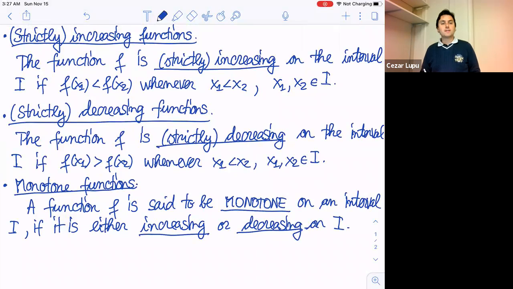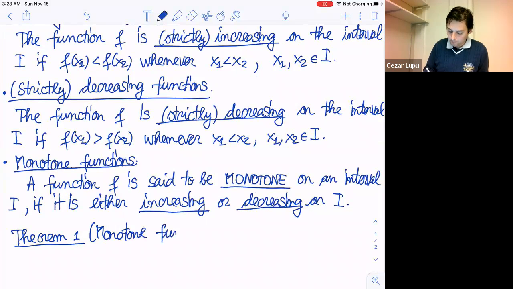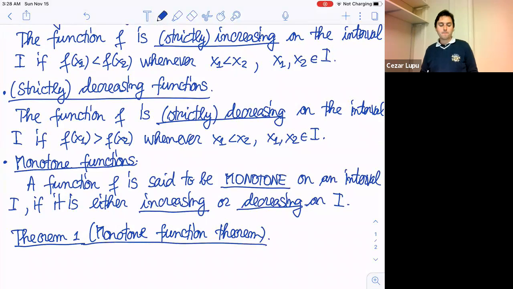Now, like I said, there is a theorem which relates the derivative of a function to monotonicity. This theorem is called the monotone function theorem. Theorem 1, the monotone function theorem, says the following.